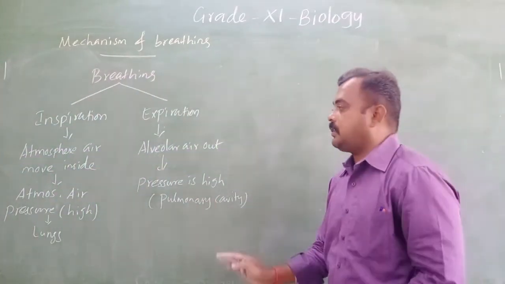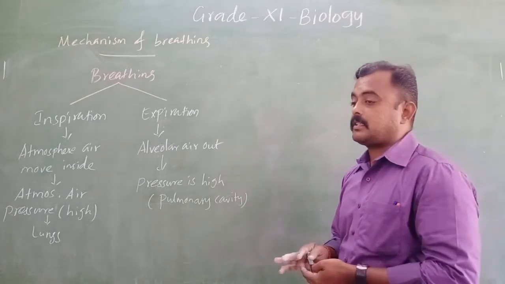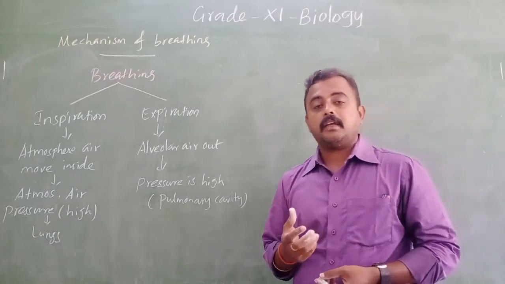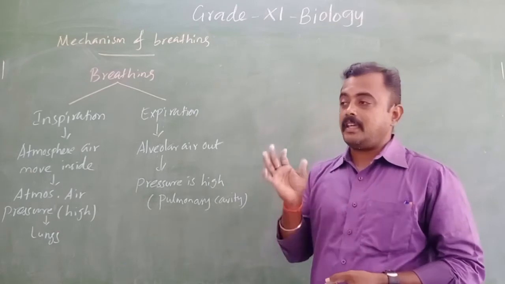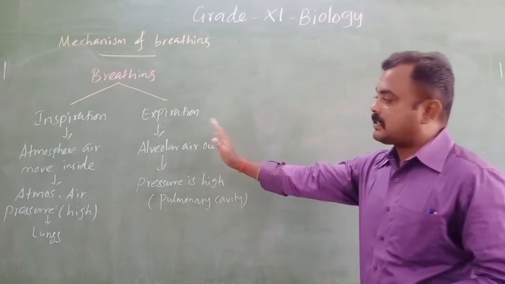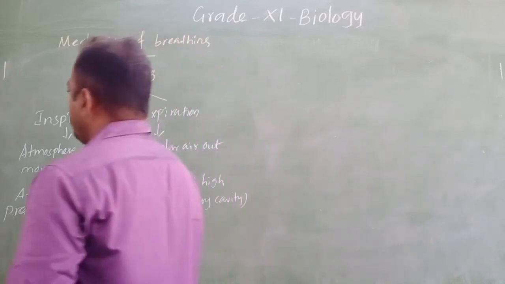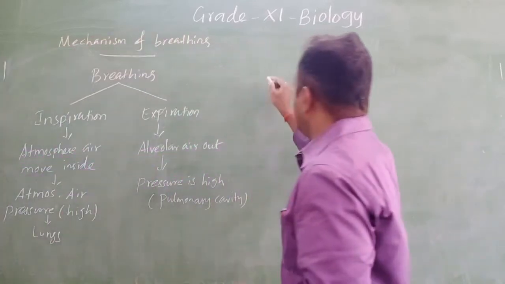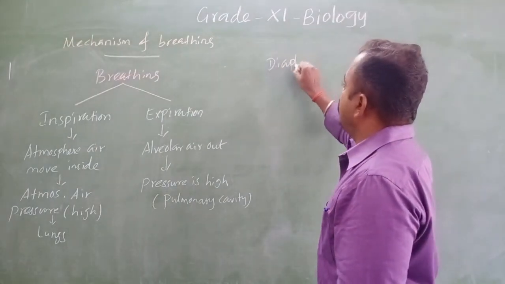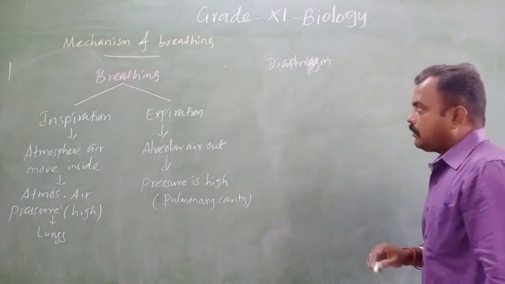So pressure determines the inspiration and the expiration, as well as the intercostal muscles and the diaphragm. All these things also decide the inspiration and expiration. This is the first one, pressure. The next one, diaphragm.